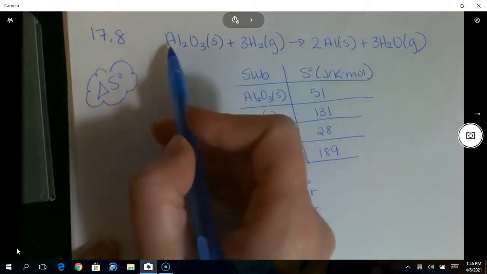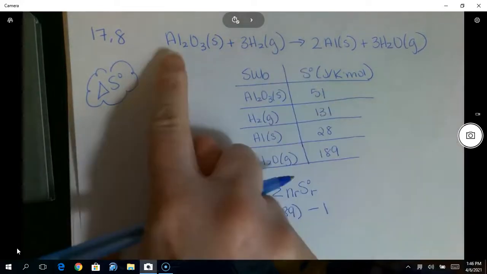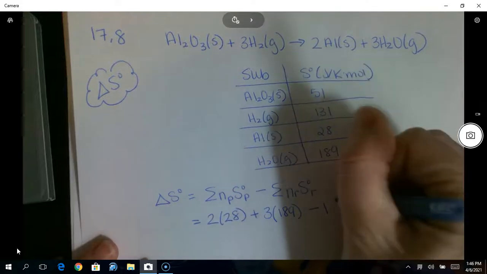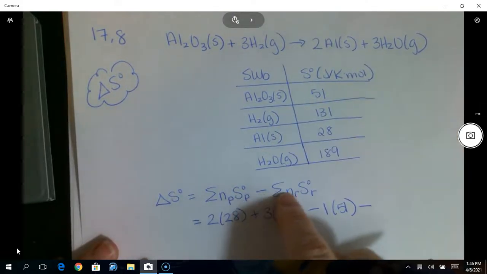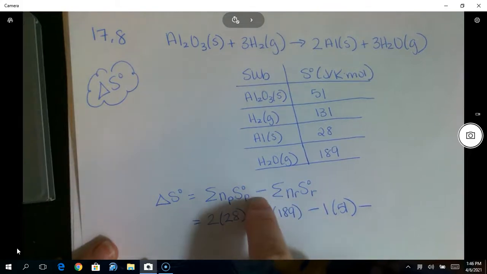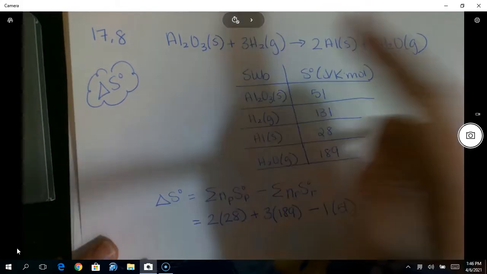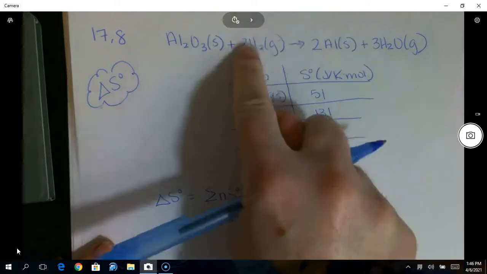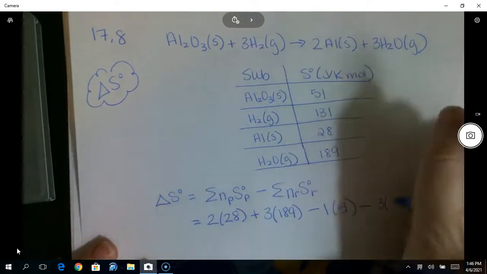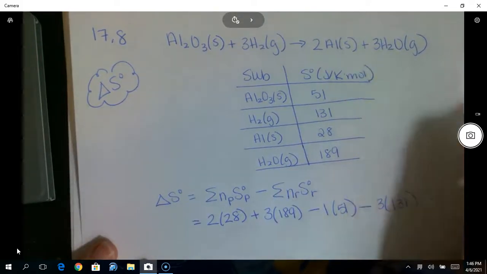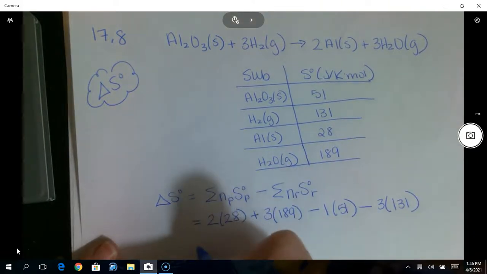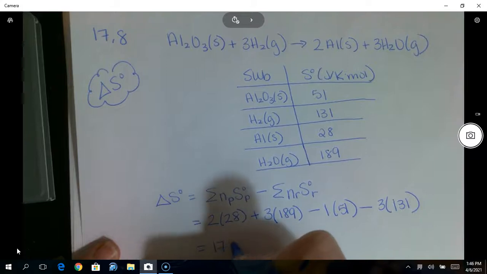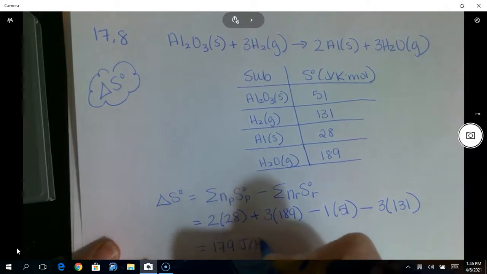So then I go to my reactants. I've got 1 of aluminum oxide, and aluminum oxide is 51. Minus still, because anytime you list a reactant, it's always minus. 3, because I have 3 hydrogens, and I go to hydrogen, hydrogen is 131. And then you can plug all of this into your calculator, and you're going to get 179 joules per Kelvin.